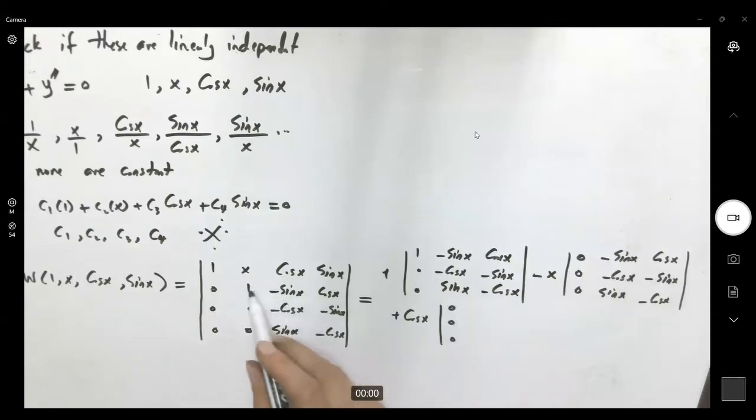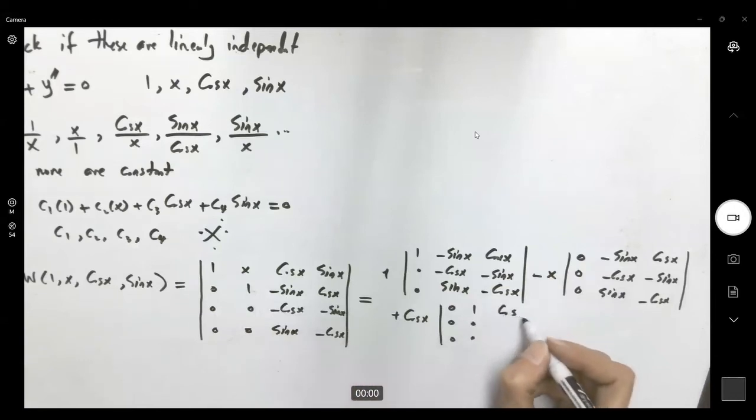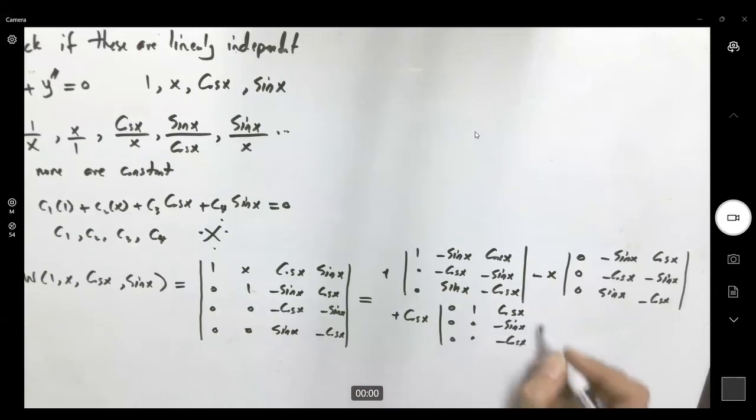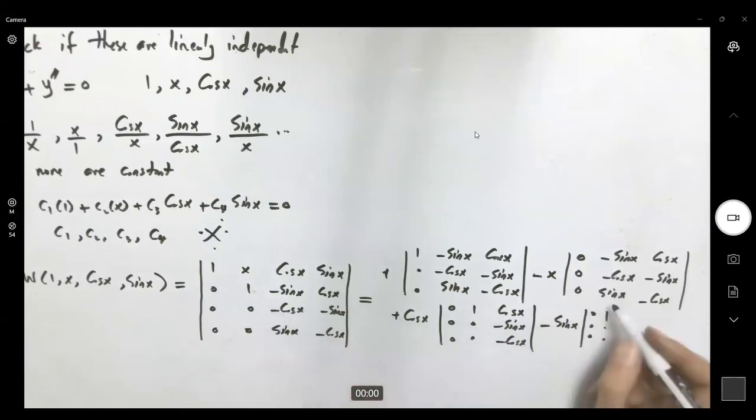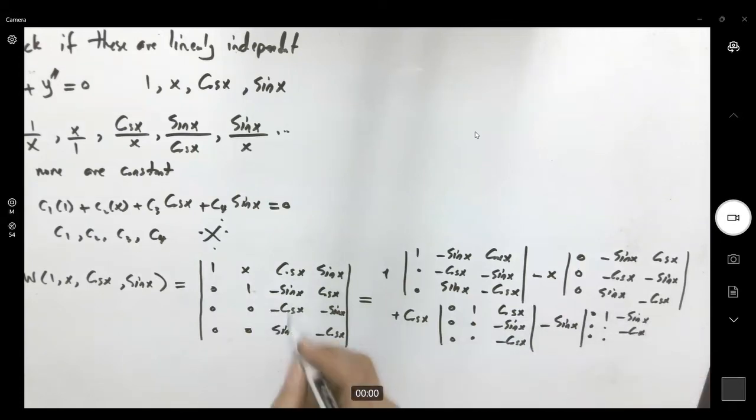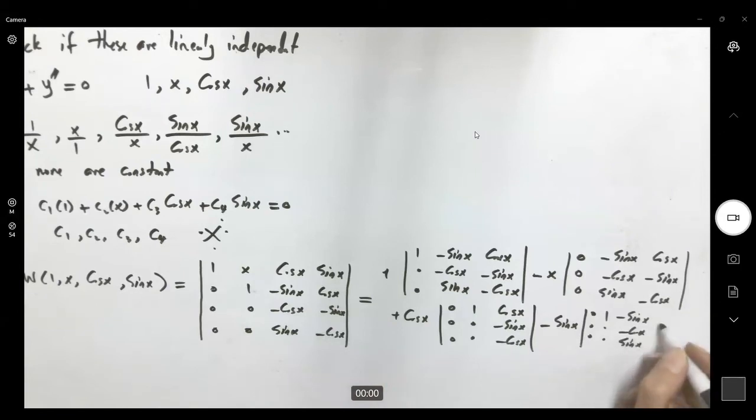Then here you have 1, 0, 0, and then cosine x, negative sine x, negative cosine x, and minus sine x times 0, 0, 0; 1, 0, 0; and then negative sine x, negative cosine x, and sine x.